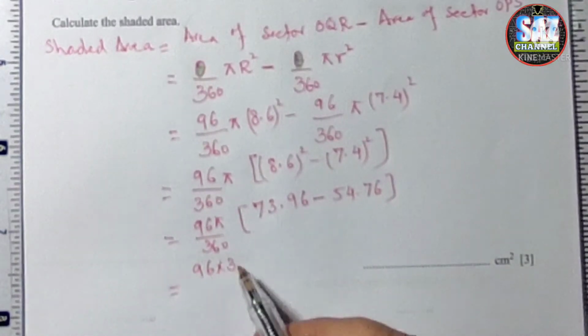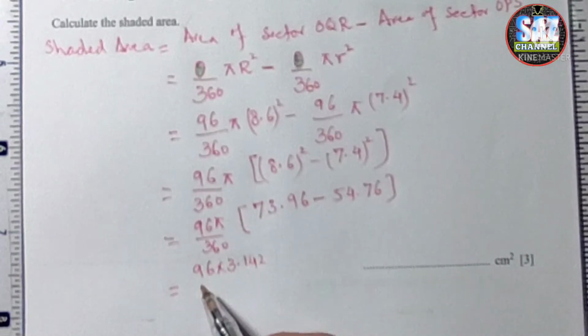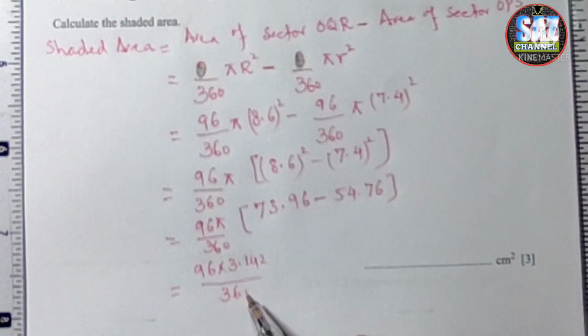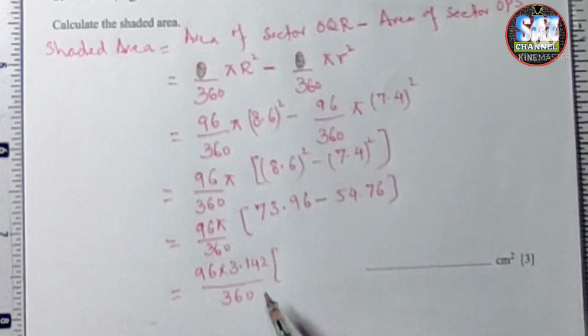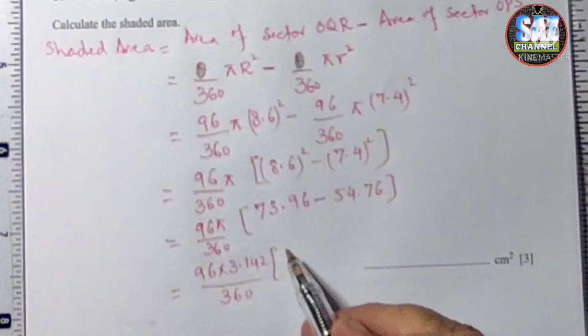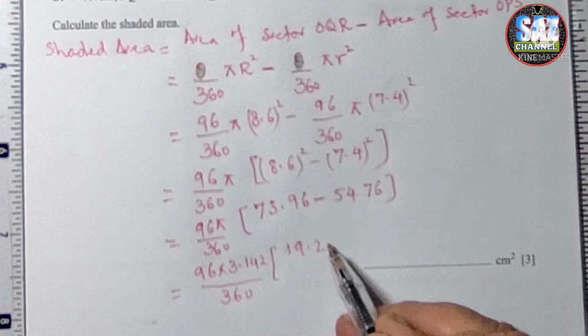96 multiplied by 3.142 and divided by 360, and then I have to take the difference of 54.76 and 73.96, and this gives me 19.2.